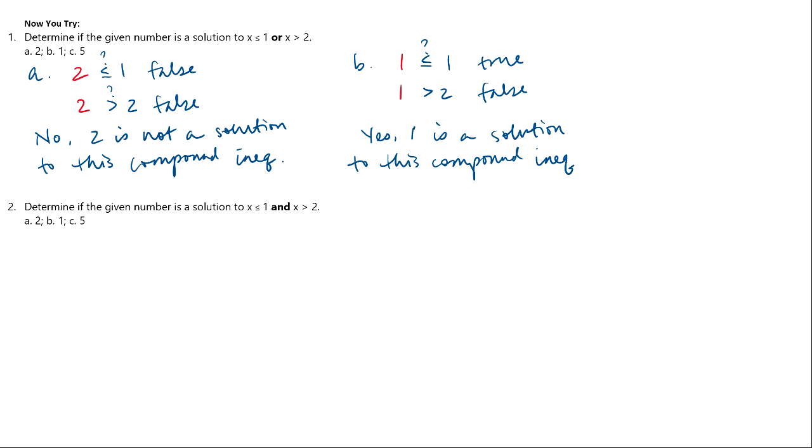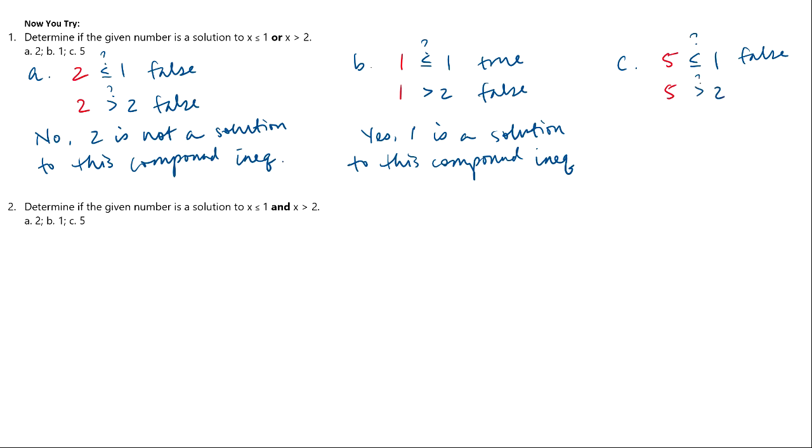Now for the last part, for part C, we are checking the number 5, and we would have to check whether 5 is less than or equal to 1. We can see this is not true, so this is false. And this again doesn't automatically mean that we would rule out 5 as a solution in general, because we still have one more chance. And here we would check whether 5 is greater than 2.